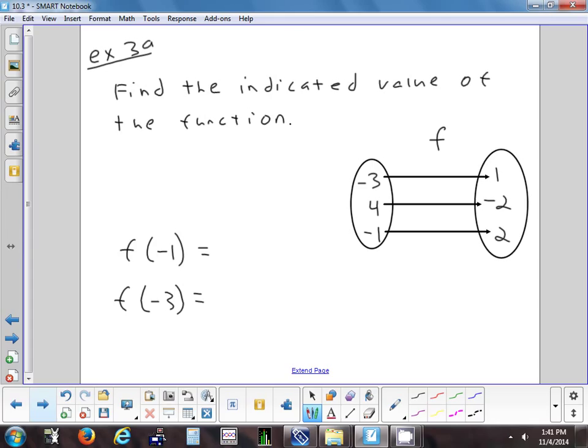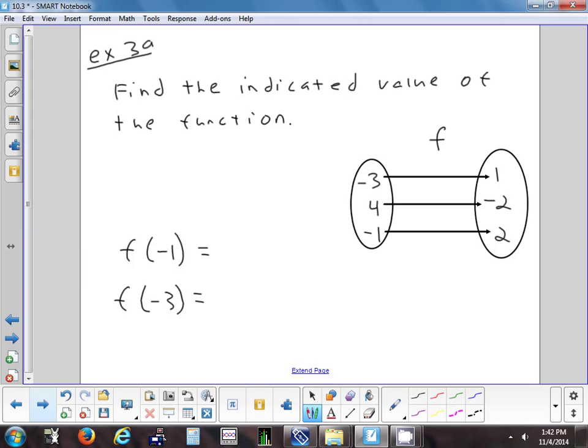It says find the indicated value of the function. Somebody tell me, how do you pronounce the first one it's asking for? F of negative 1 is, and now you have to find the value of this function if you plug in negative 1. Okay, raise your hand if you see what the value is going to be.